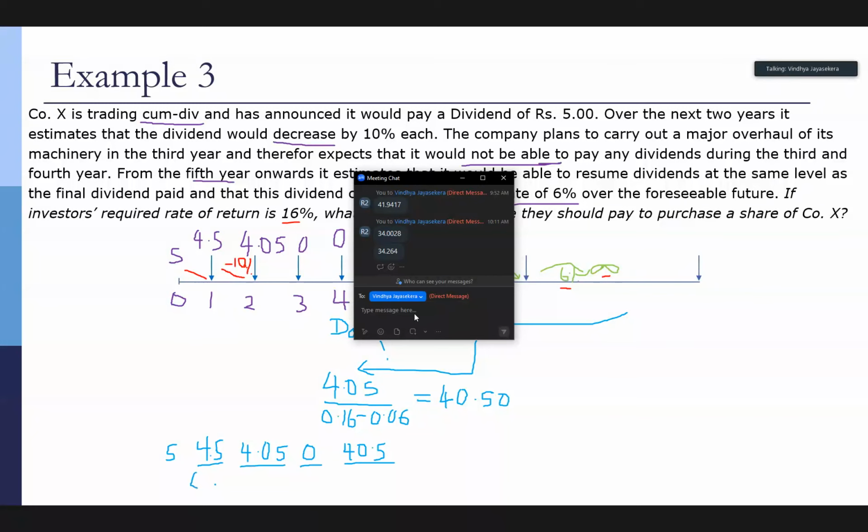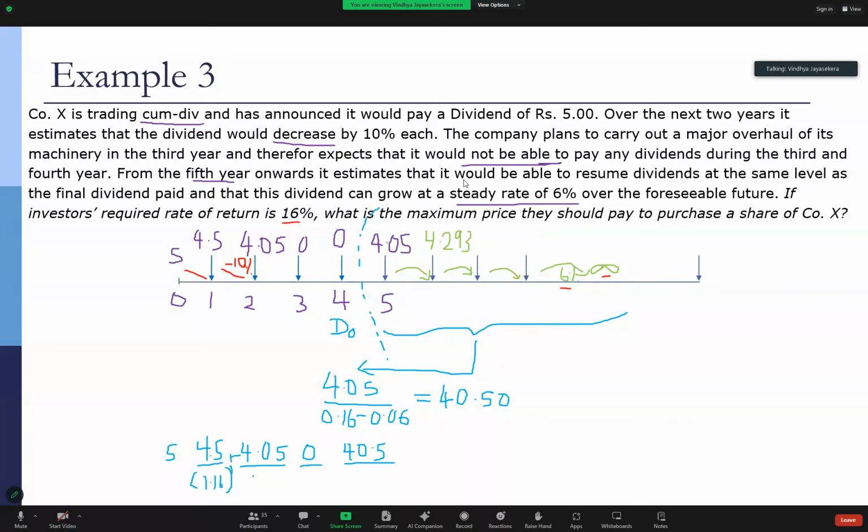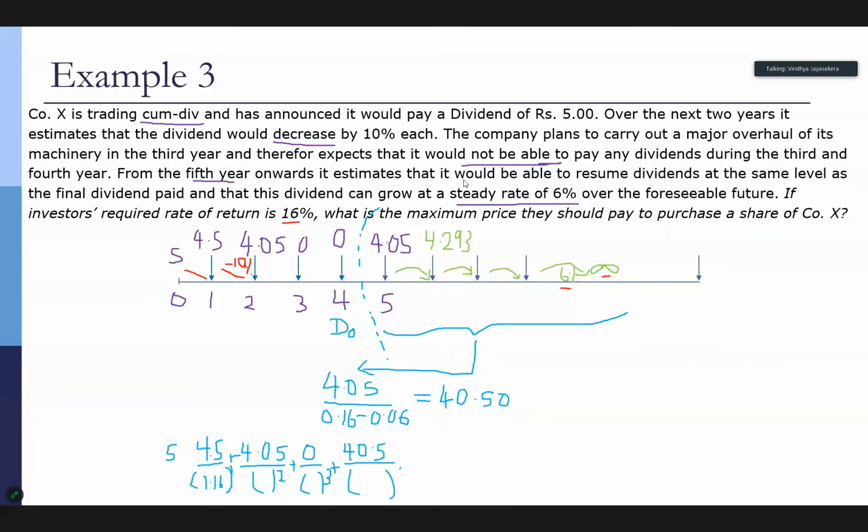Right, 4.5, you discount at 16% for 1 year. Add 4.05 discounted for 2 years. Add 0 discounted for 3 years. And 40.5 discounted for 4 years. And plus, do you take this 5 or not? It's cum div. So you have to take that into consideration.